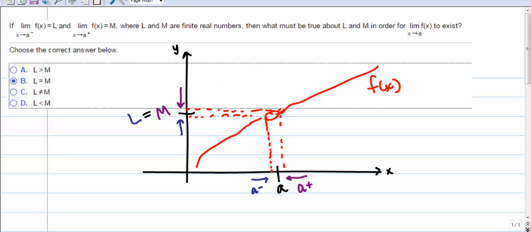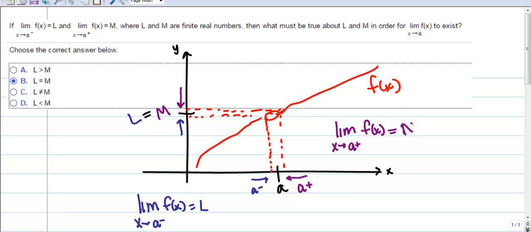So the limit as x approaches a from the left of the function approaches the number L. The limit as x approaches a from the right, the limit of the function approaches m.